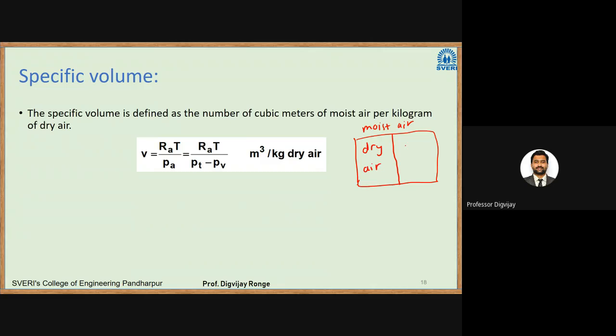So we have dry air and we have water vapor. In this case, if you take the volume of this dry air, the volume will be this total volume.